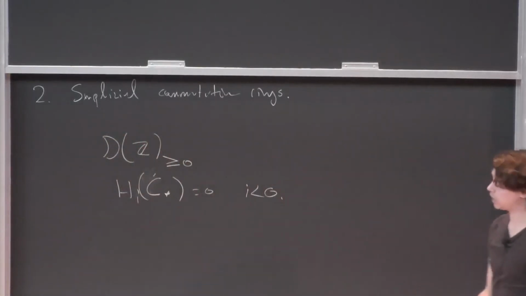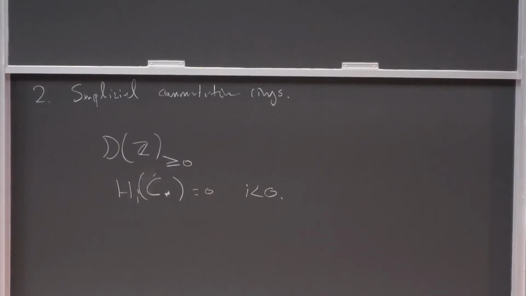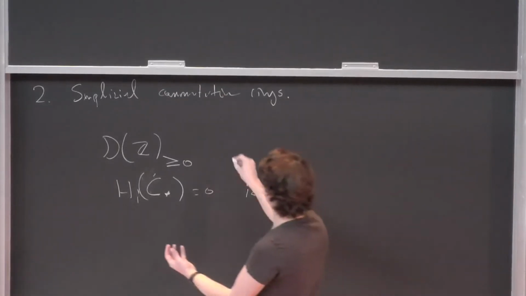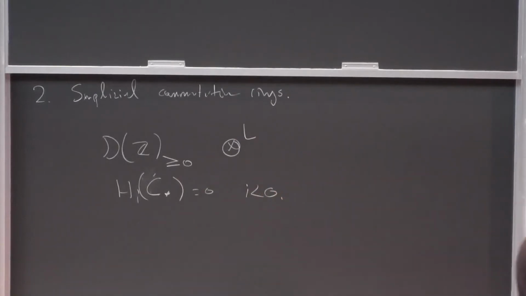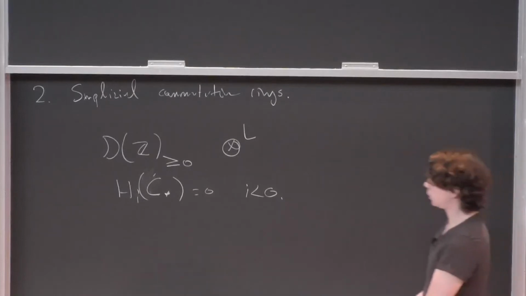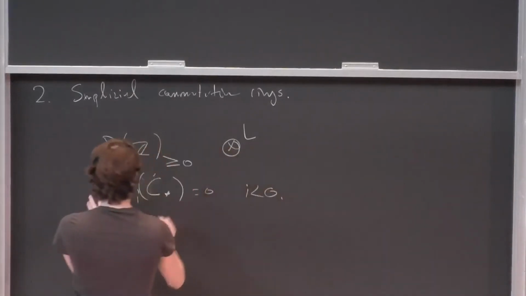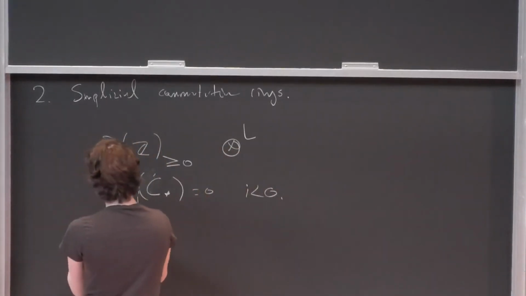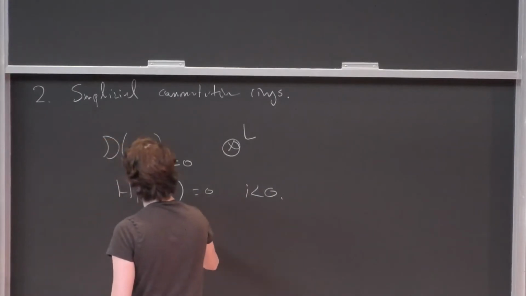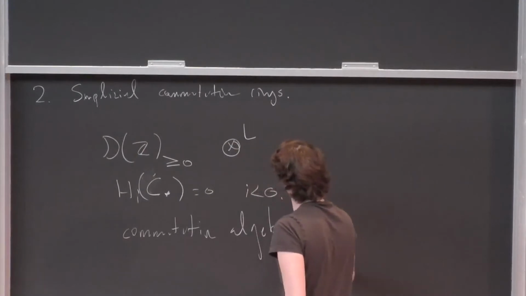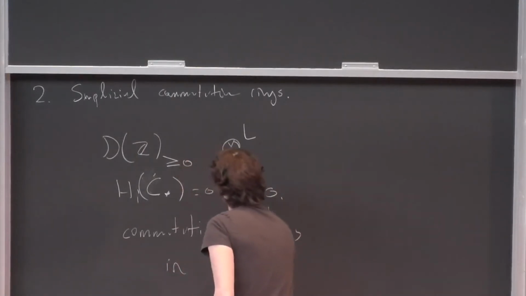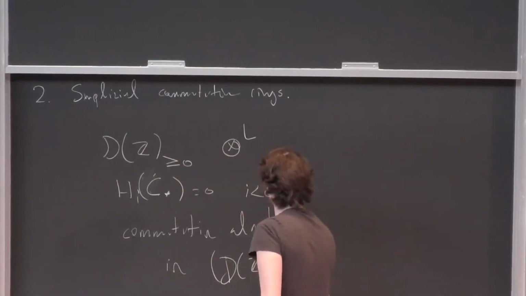So I'm working homologically here. Now, we know that there's a derived tensor product on this category that makes it into a symmetric monoidal category. And so the basic idea is we want to look at commutative algebras in this symmetric monoidal category.